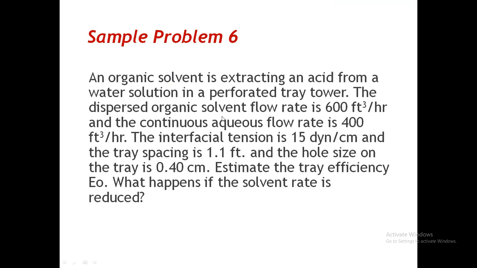So it's always the solvent that is being dispersed, and your continuous phase, which is your solute in water, is the feed. You're given the interfacial tension of 15 dyne per centimeter with a tray spacing of 1.1 and a hole size of 0.4 centimeters. Estimate the tray efficiency, and what will happen to our extraction process if the solvent rate is reduced?